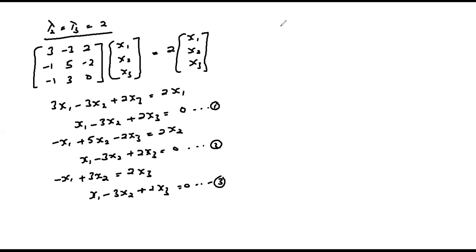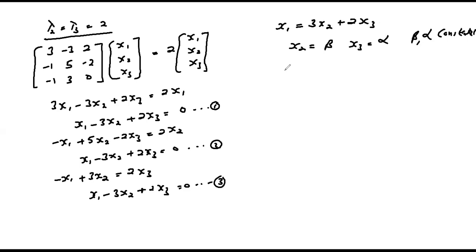We can write x1 in terms of x2 and x3 as follows. x1 is equal to 3x2 plus 2x3. Then we can take arbitrary values of x2 and x3 and say, if x2 is equal to beta and x3 is equal to alpha, where beta and alpha are constants, then we can write x1 as follows. x1 will be equal to 3 beta plus 2 alpha.